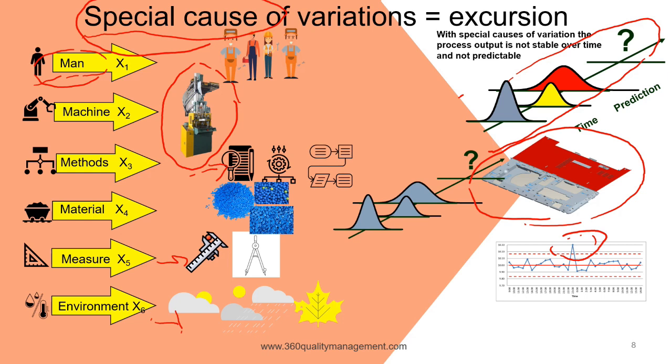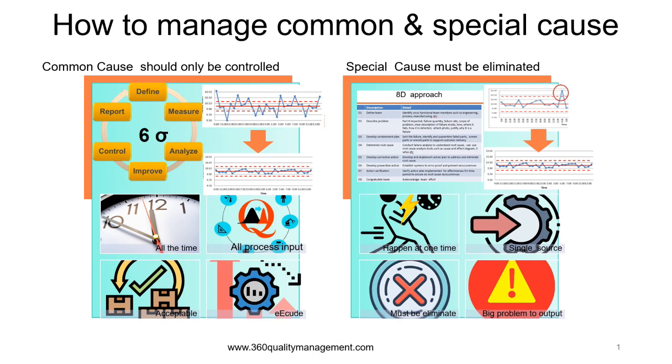Special causes can be eliminated and must be eliminated, otherwise there will be an abnormally high non-compliance in the end product.